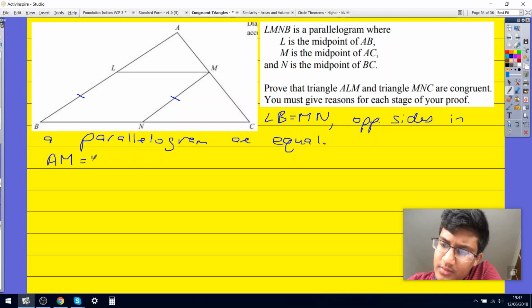So LM equals BN, because you can say opposite sides in a parallelogram are equal.